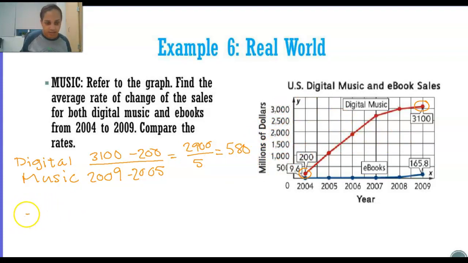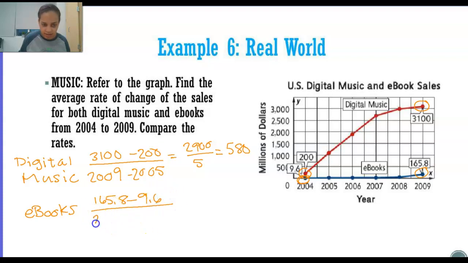And as far as ebooks, again, let's look at 2009 and 2004. So in 2009, they sold 165.8 million dollars worth of ebooks, minus the 9.6 million that they sold in 2004.